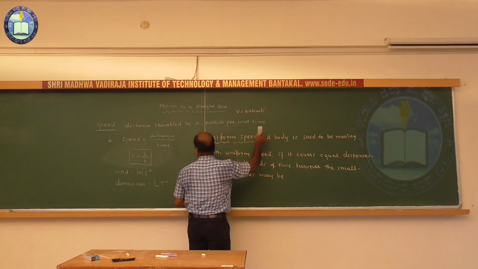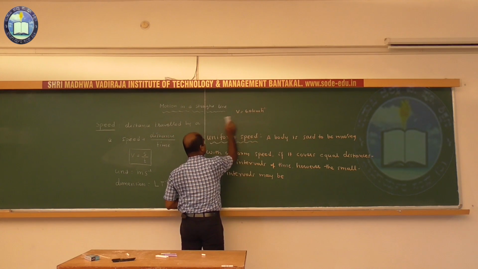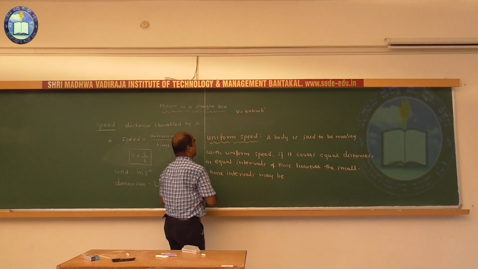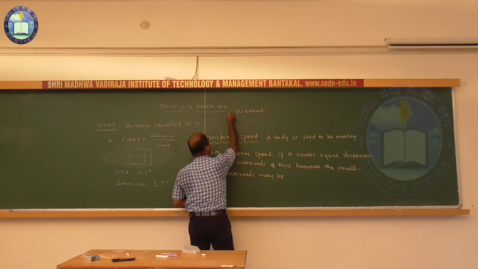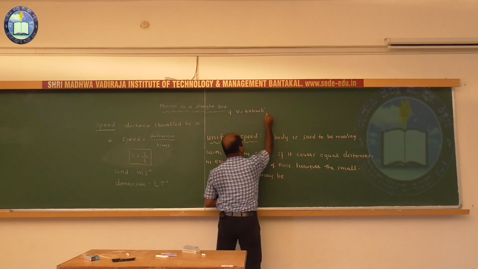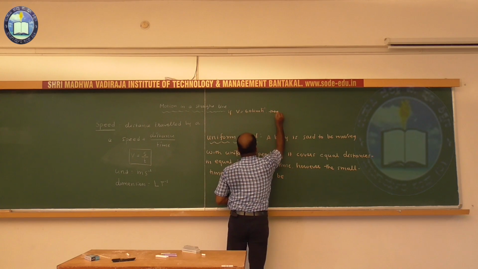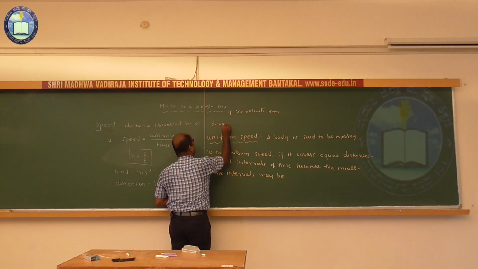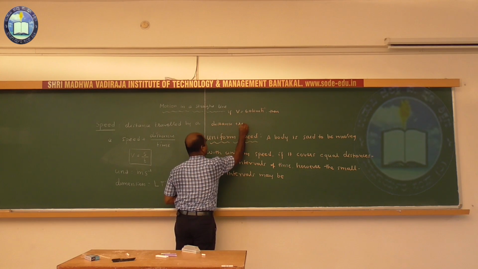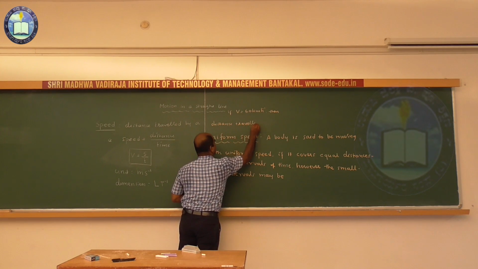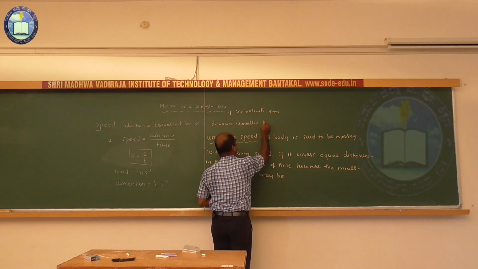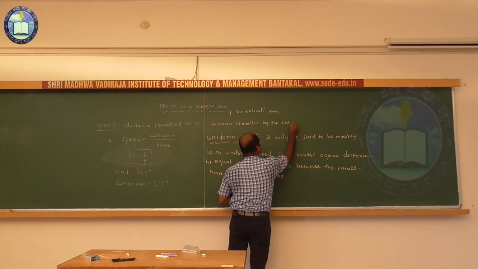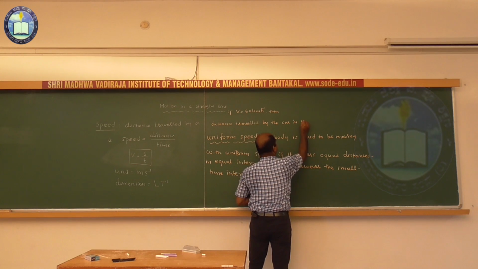If the speed of the car is 60 km per hour, then the distance traveled by the car in time 2 hours.